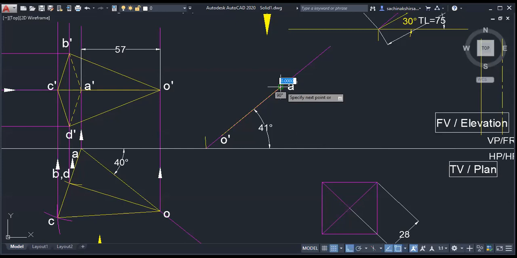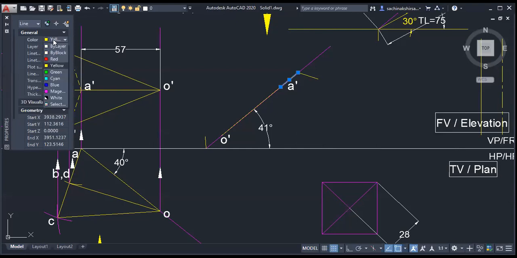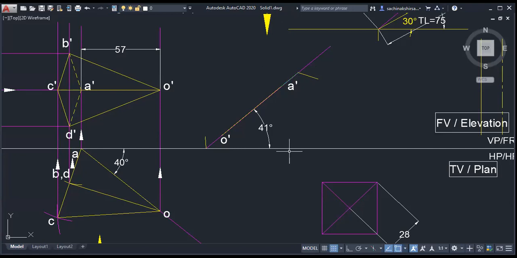We can take it as 18, moderate. So mark the C dash point. So A dash we have marked, then C dash.